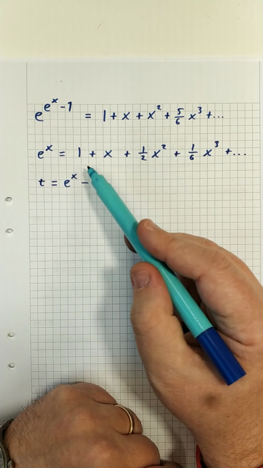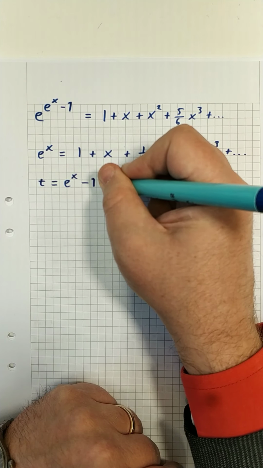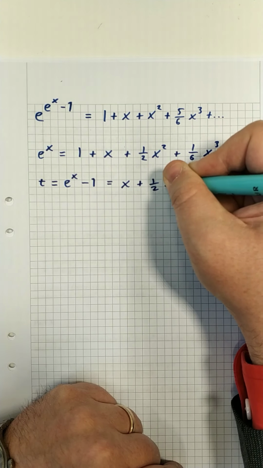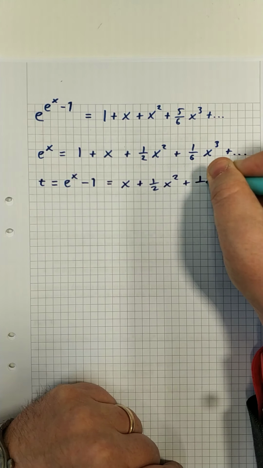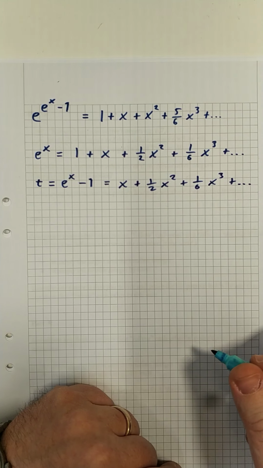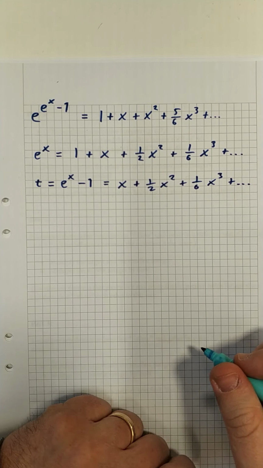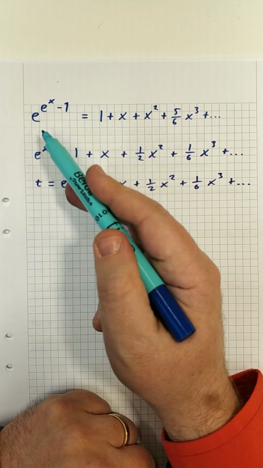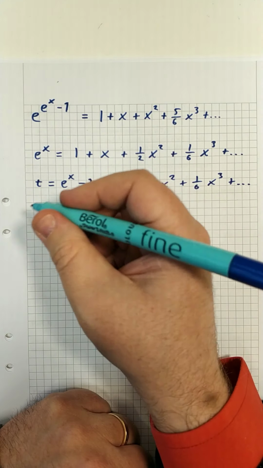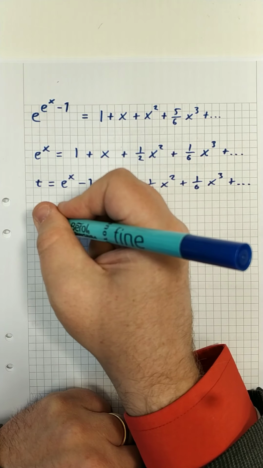And obviously if you subtract 1 from what we have up here, it turns into just x plus 1 half x squared plus 1 over 6 x cubed and so on. So that's okay then, and we can see that the function that we are interested in we can Maclaurin expand in terms of t.